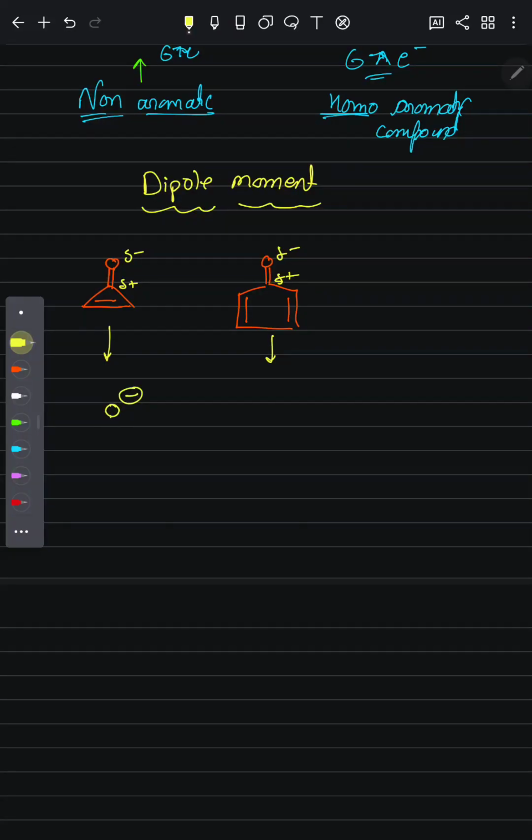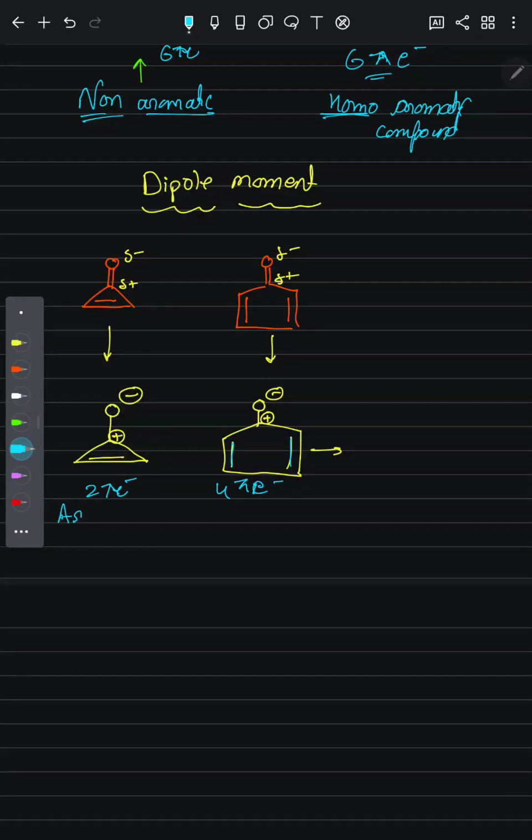Oxygen will get a negative charge and this has a positive charge. And in this molecule it has a negative charge and this has a positive charge. So this molecule will become a 4 pi electron system, and this will become a 2 pi electron system.